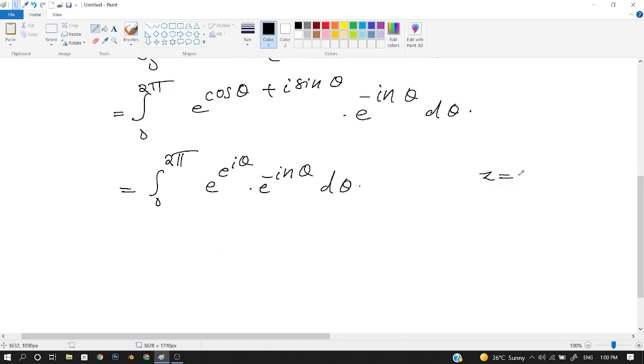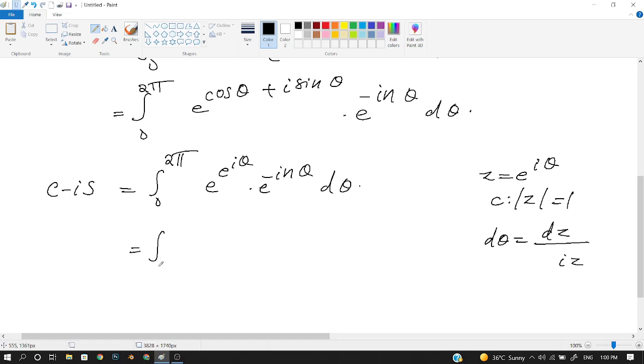z is equal to e raised to i theta, c is the curve, mod z is equal to 1, d theta equal to dz by iz. Thus we have c minus i s equal to integral over c e raised to z into z raised to minus n dz divided by iz.